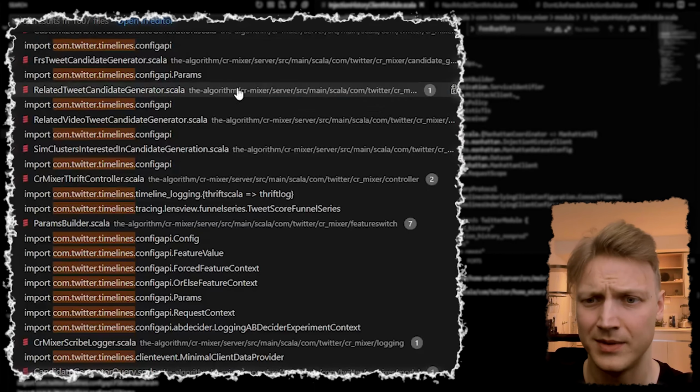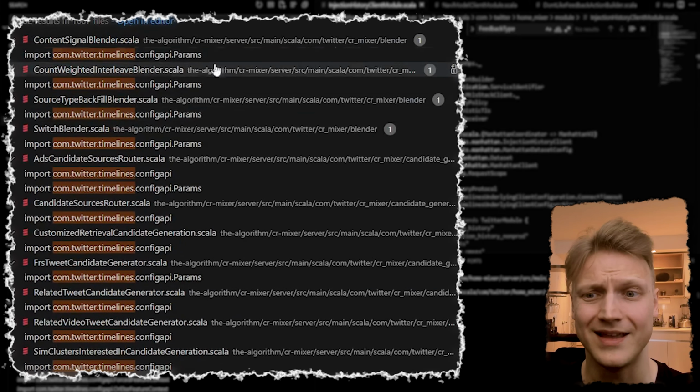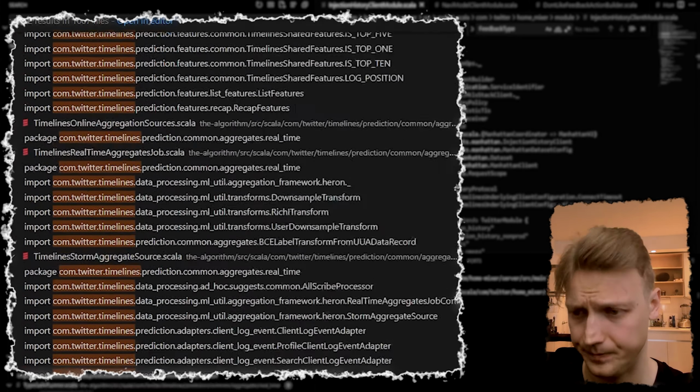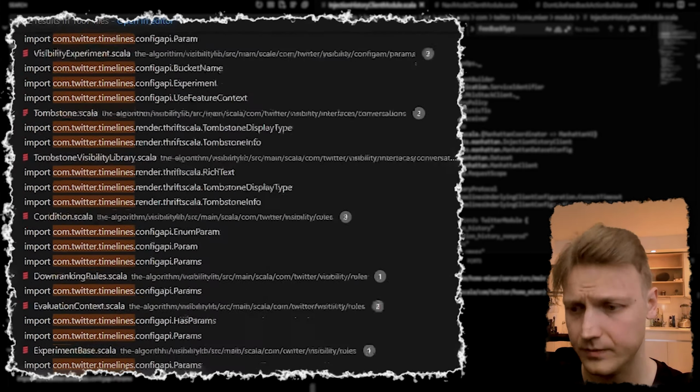And if you search a little bit more broadly, you can see that the config API is in fact a part of it. And what we have at the bottom is that they also have various specifications of feature aggregates. So I think this timeline service is something that they use internally to make the final adjustments to the algorithm every so often.